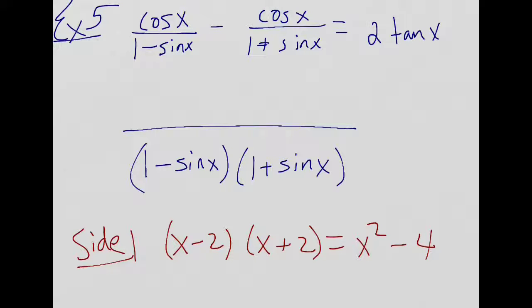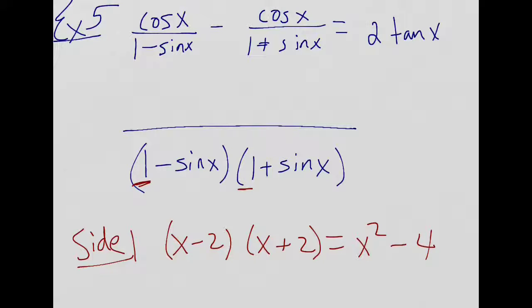So the teacher I had, Mayhall, we called this FOIL if we had to multiply it all out. I don't know how he came up with this name. I don't even know what the letters mean, but he called it that. If the two parentheses are the same, other than the plus and minus sign in the middle, all you got to do is multiply the first terms together.